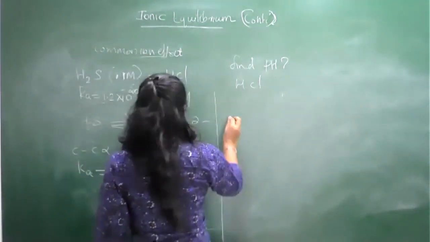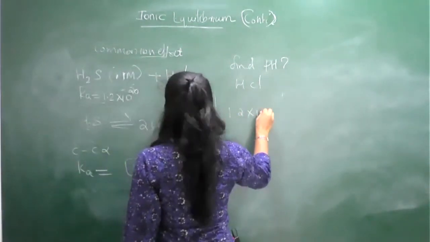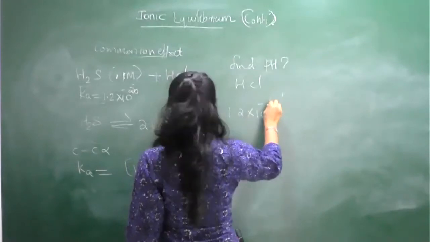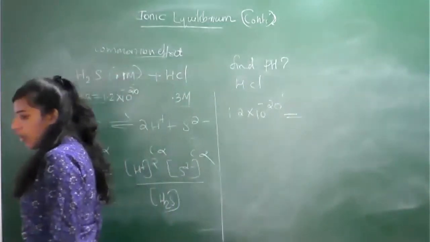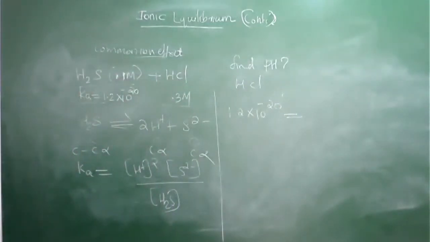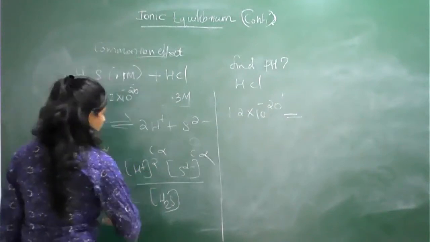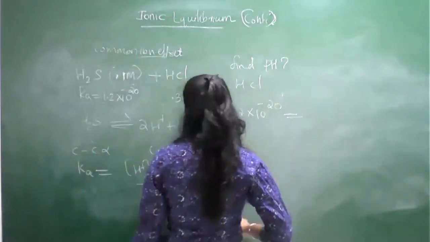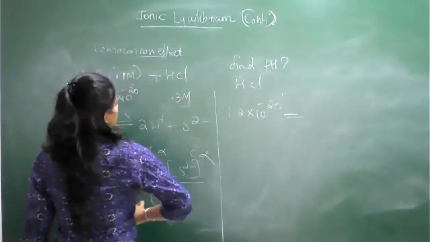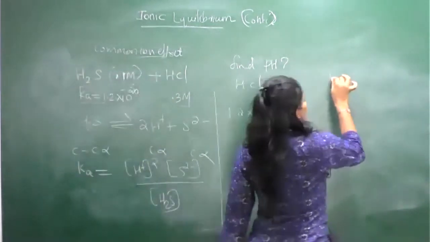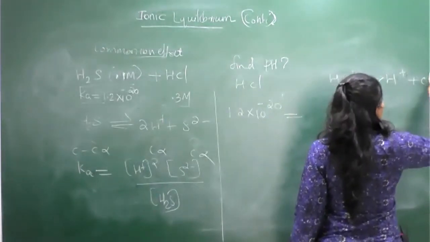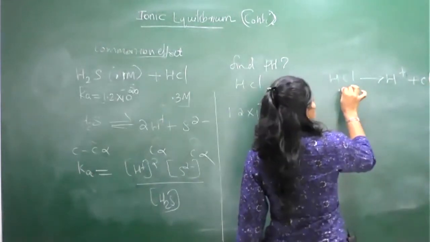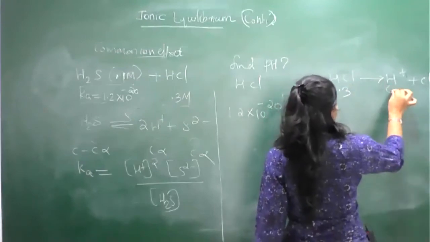Is that clear? K value is given to you, students. 1.2 into 10 to the power minus 20 is equal to H plus whole square, concentration wise. So how? 2H plus we have now. In the same manner, here 0.3 HCl is dissociated into H plus and Cl minus, with 0.3 concentration. 0, 0.